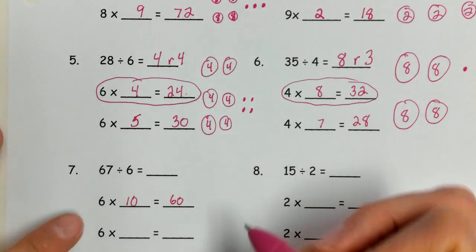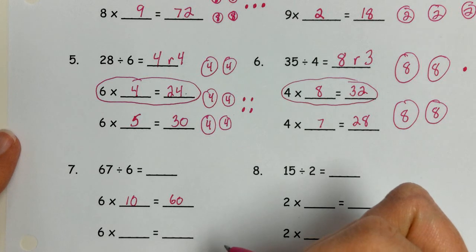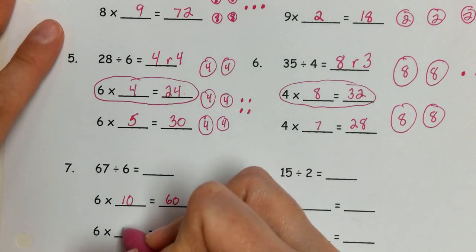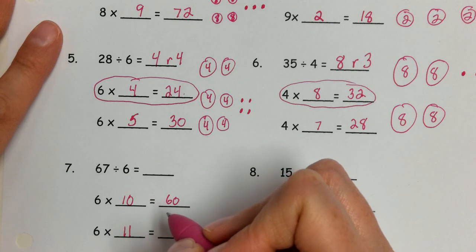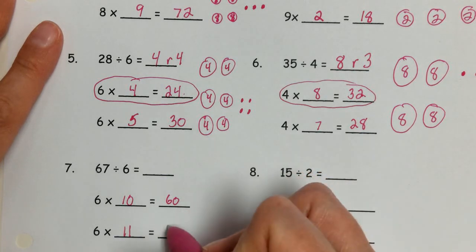All right, what's 6 times 11? Any number times 11 is double that number. So 6 times 11 is 66.